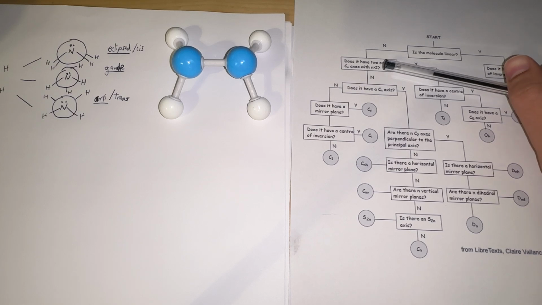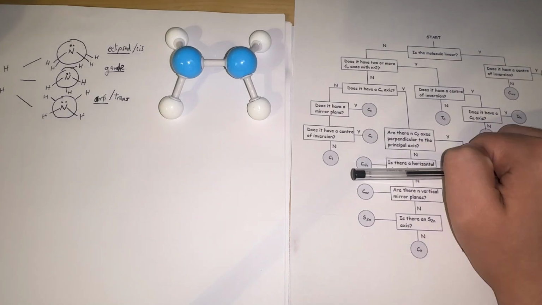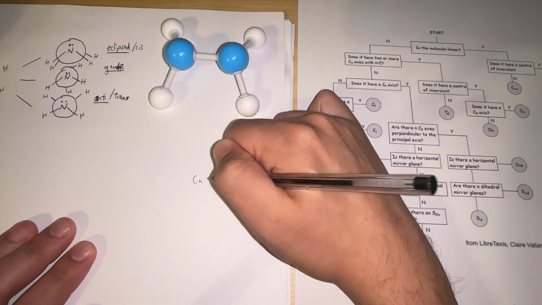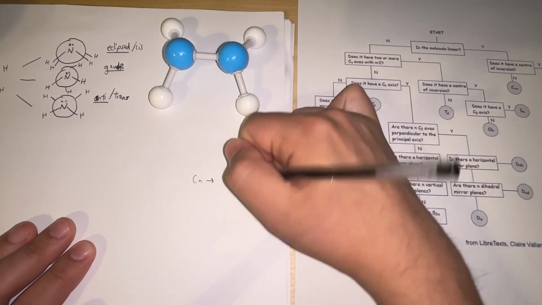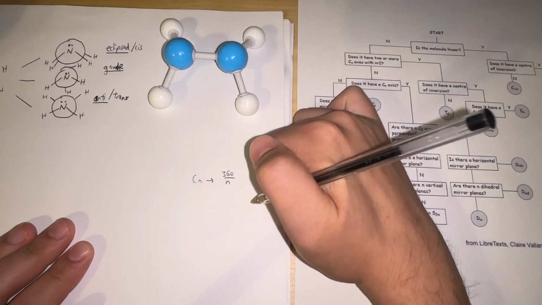Remember, the Cn axis is a rotation axis, and if n is greater than 2, then what that means is that we can rotate it less than 180 degrees and it will look the same. Because remember, Cn, the n comes from 360 degrees divided by n.